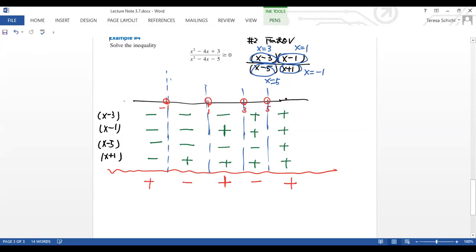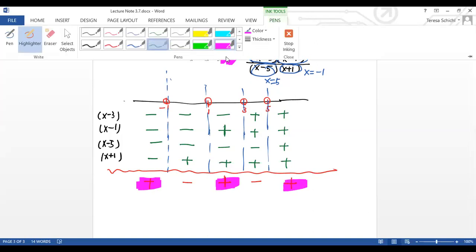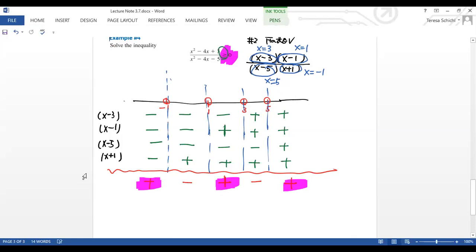Okay, so now let's take a look at the original. The original wants greater than or equal to 0. So let's take a look at which intervals are greater than 0, and also they have the equal signs, right? I need to be careful when I write it.